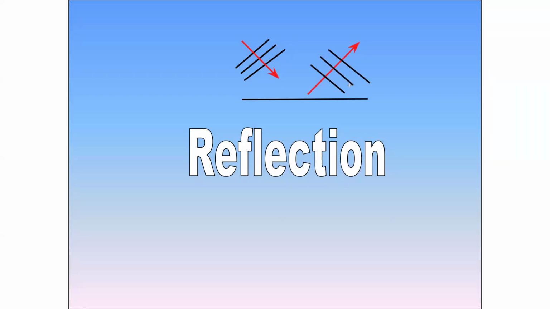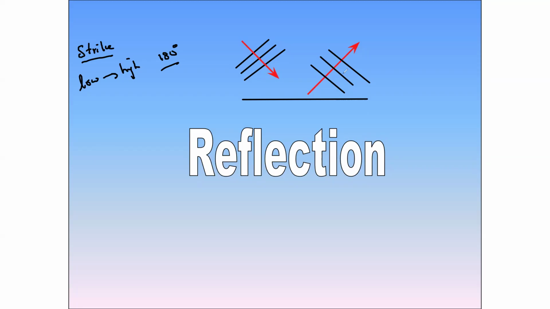But if you want to explain reflection in terms of the wave, you have to remember two things. Whenever a wave undergoes reflection, when it strikes from a low density medium to a high density medium, it will undergo a phase change of 180 degrees. Means the angle of the wave changes by 180. What does it mean?